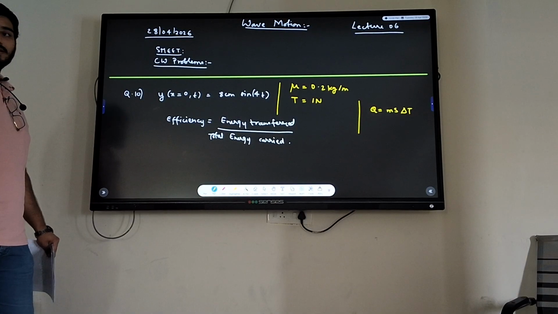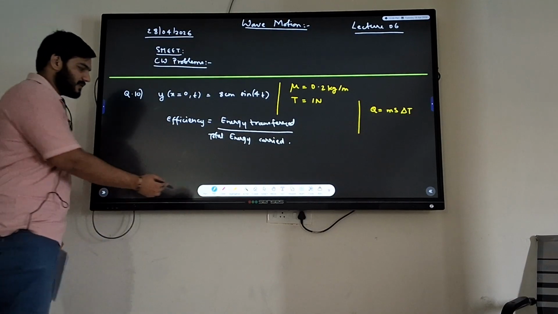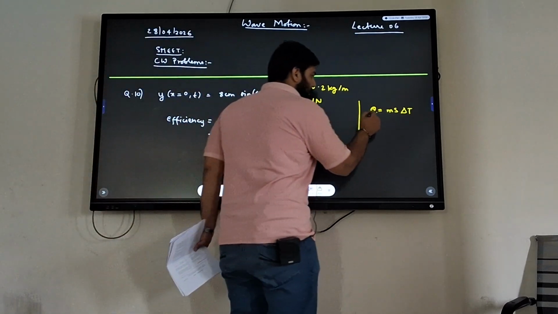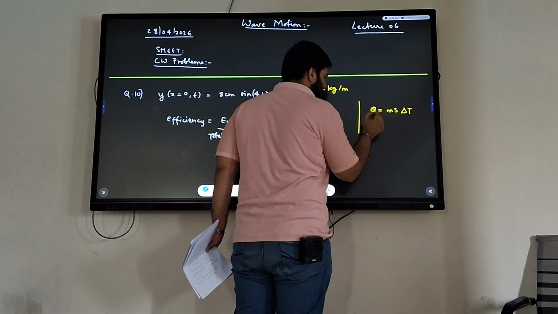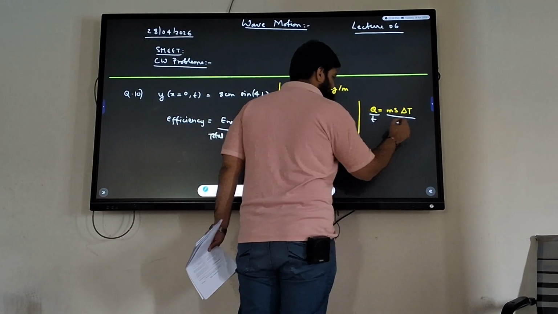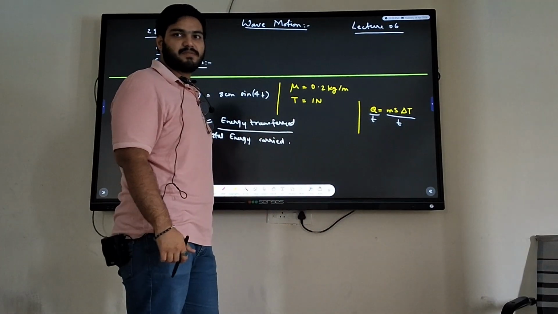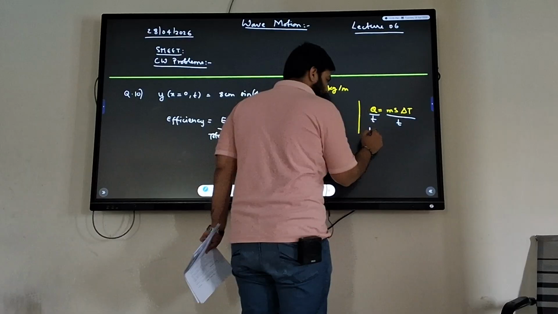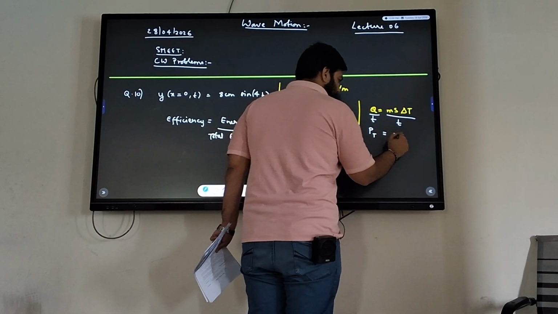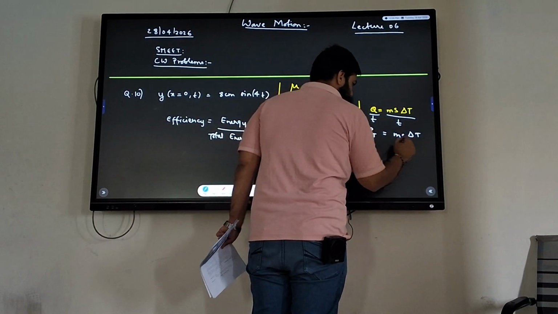Now they are asking how much time it will take. Maybe I can divide the whole equation by time. Then this is the energy transferred per unit time, that's power transferred. Let me call it power transferred PT, and that's m s delta T divided by t.